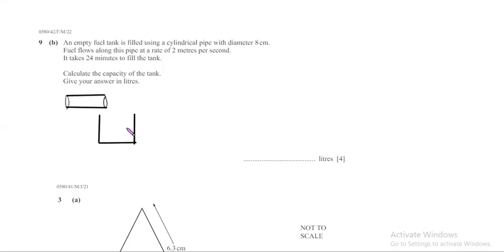In this case, the diameter of the pipe is given as 8 centimeters, which means the cylindrical pipe's radius is equal to 4 centimeters. Then it states that fuel flows along the pipe at a rate of 2 meters per second.